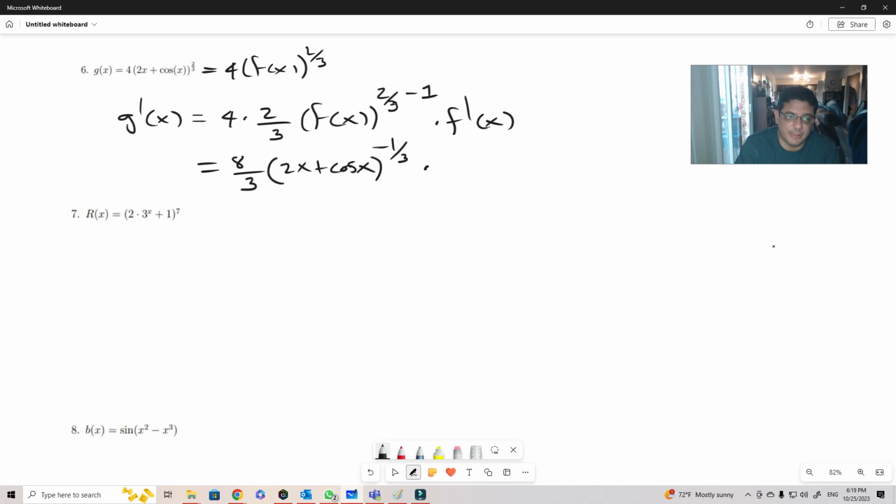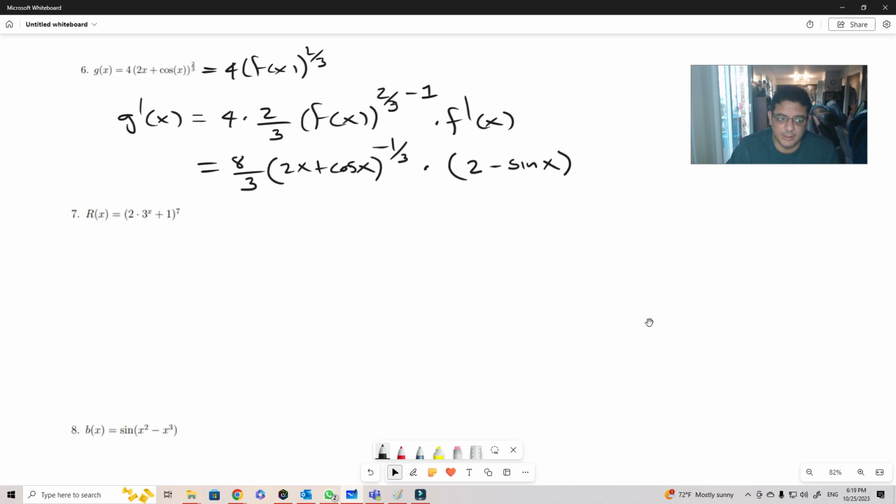Now, f prime will be the derivative of 2x, which is 2, and the derivative of cosine, which is going to be minus sine. And that's it. This is the derivative for this particular function.